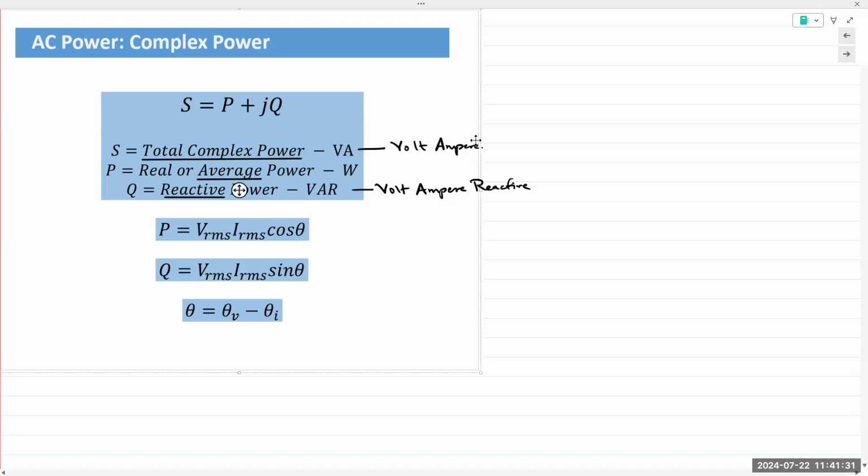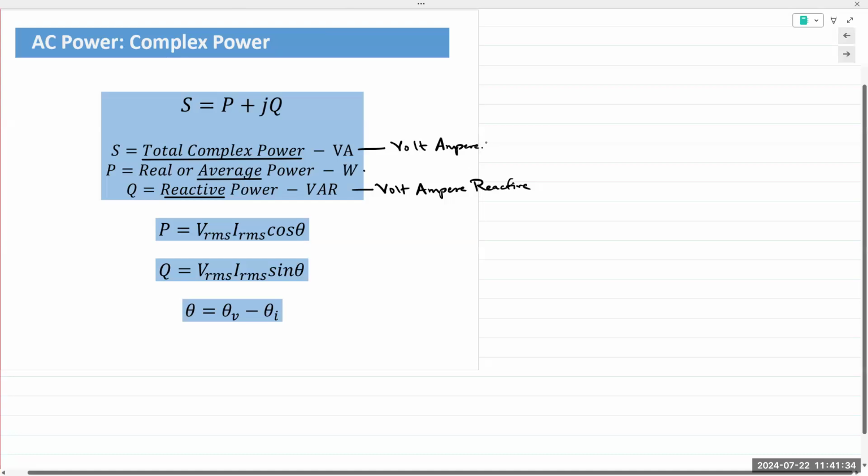And this, of course, is simply watts. Okay, watt. S is a complex quantity, meaning S has magnitude and it has phase angle, theta. Okay, and again, similar to all complex numbers or the charts that we've seen so far, this is your real axis, this is your imaginary axis.